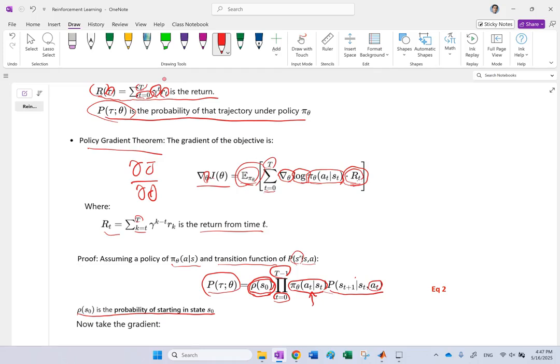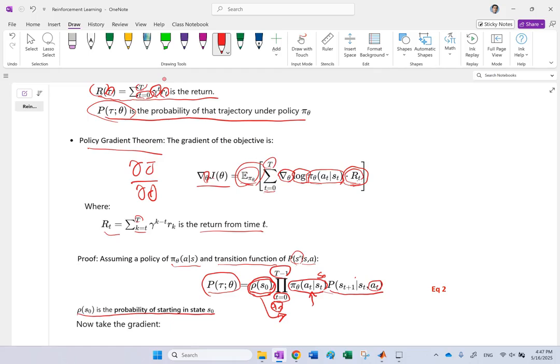Because you started with some initial chance, and then under some policy, which itself is probabilistic, you took some action, for instance A0 given S0. You only had so much chance of taking A0, because in this algorithm you can also do exploration.